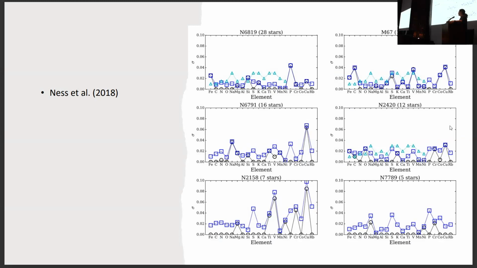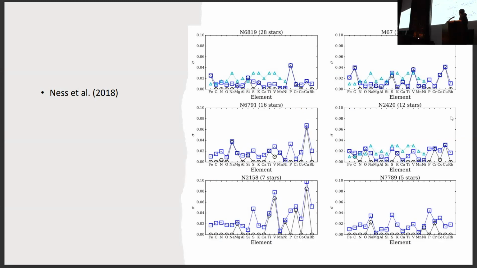And if you actually look at young open clusters, you'll see that the abundance scatter from star to star in clusters is on the order of 0.02 to 0.03 dex. So they're extremely homogeneous.